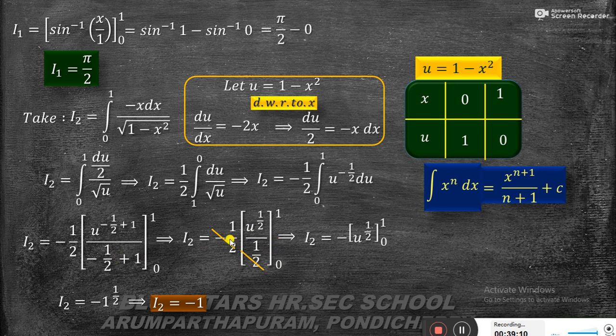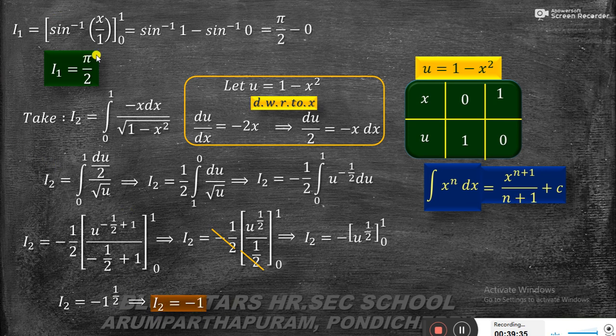The 1 by 2 cancels, so minus of u power 1 by 2, limits 0 to 1. Substituting, minus of 1 power 1 by 2 minus 0 power 1 by 2. Anything power 1 by 2 of 1 is 1, so minus 1. Therefore I2 equals minus 1.